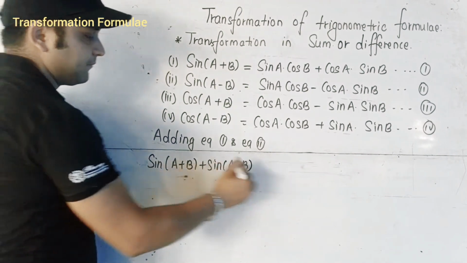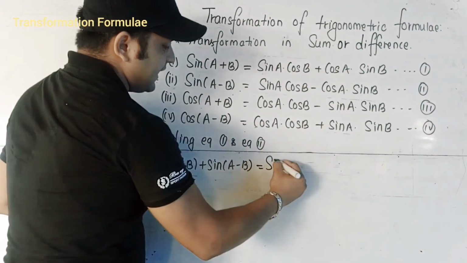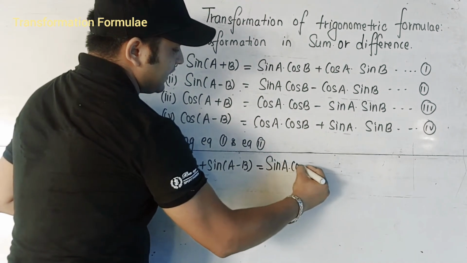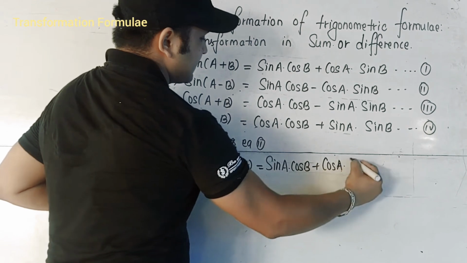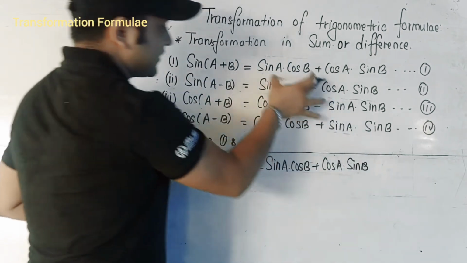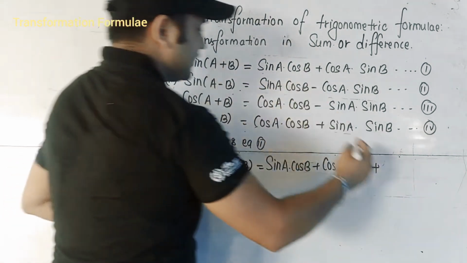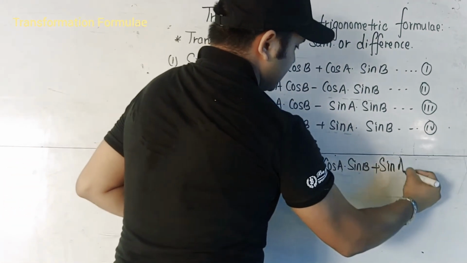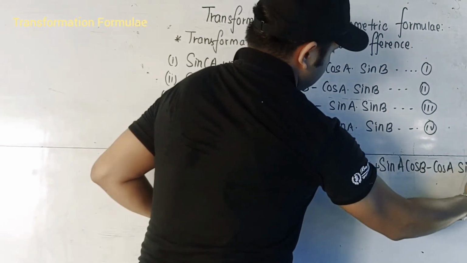So we are adding them. Now we also have to add the right hand side. Adding the right hand side will give you sine a cos b plus cos a sine b, this is from equation 1, plus sine a cos b minus cos a sine b from equation 2.